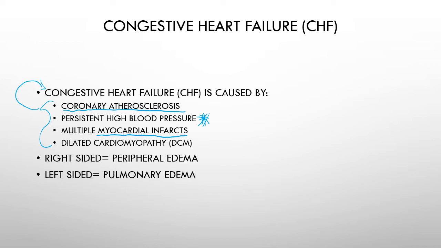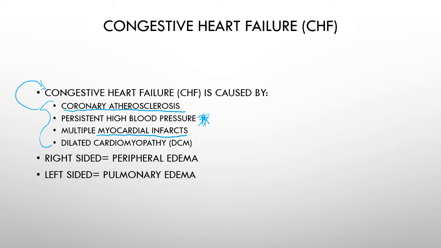Congestive heart failure can affect the left side of the heart, the right side of the heart, or both sides of the heart. Depending upon the side of the heart that is being affected is going to dictate, in a sense, kind of where in the system blood backs up. And so if we have right-sided heart failure, the right side of the heart receives its blood from the systemic circuit, so it's coming from the whole body itself.